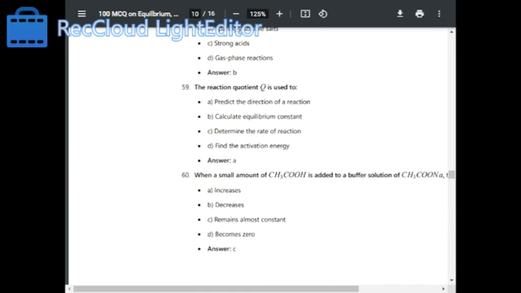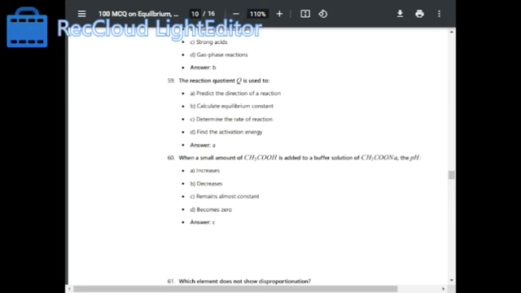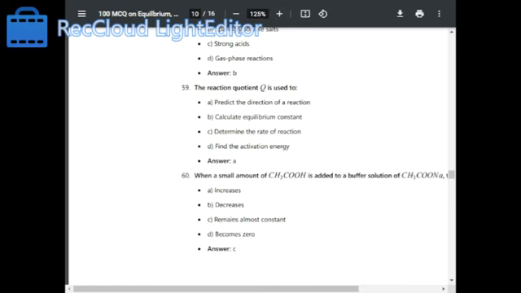Question number 60. When a small amount of CH3COOH is added to a buffer solution of CH3COONa, the pH: option A increases, option B decreases, option C remains almost constant, option D becomes 0.